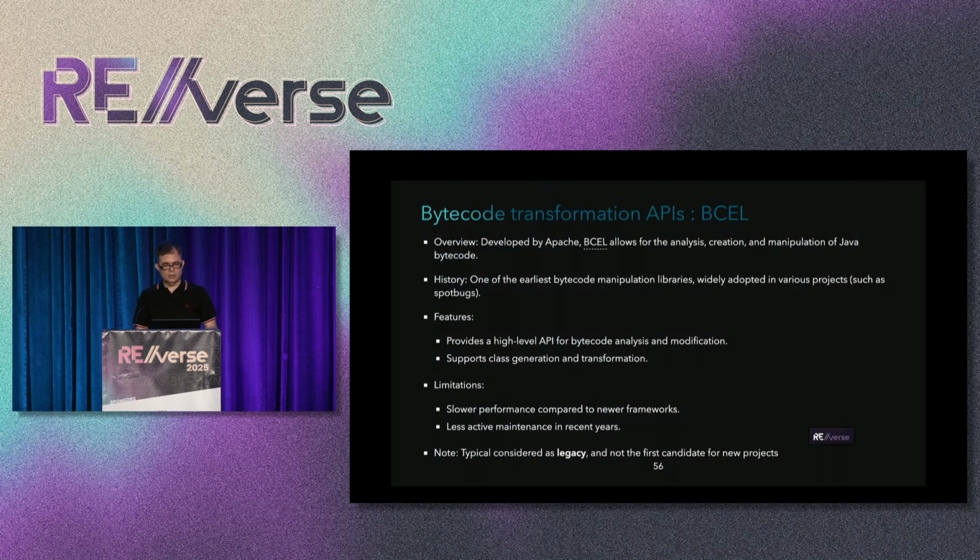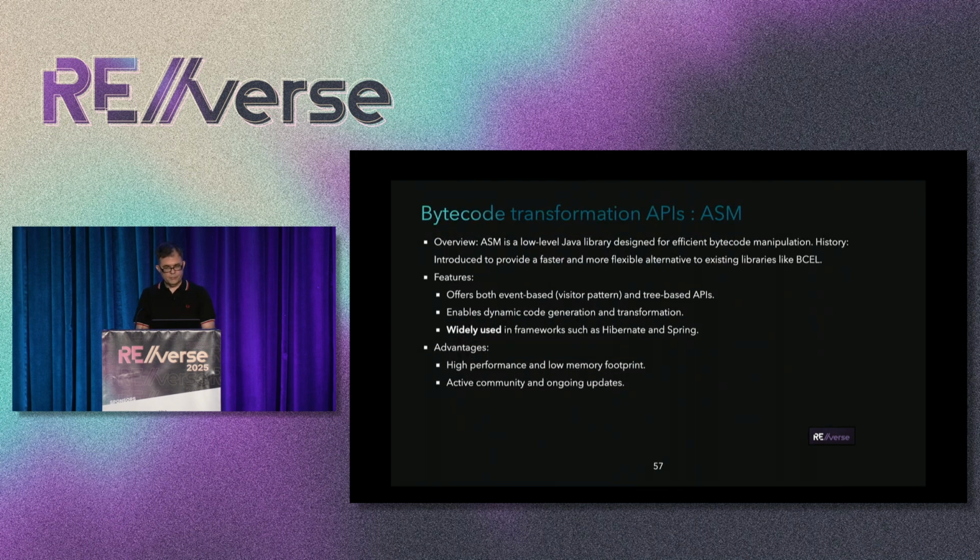There are different flavors of bytecode transformation. Here's BCEL. Short, don't use it. It's legacy. I used it for my Black Hat talk 20 years ago. So currently we would use ASM. ASM is well maintained.